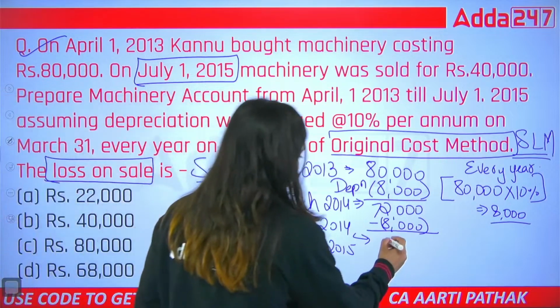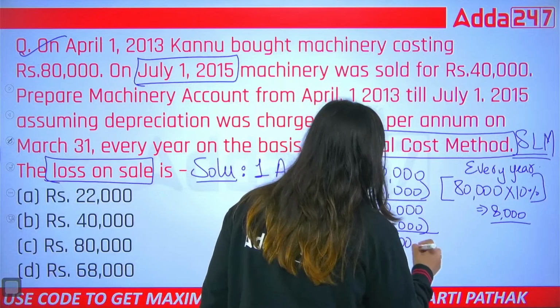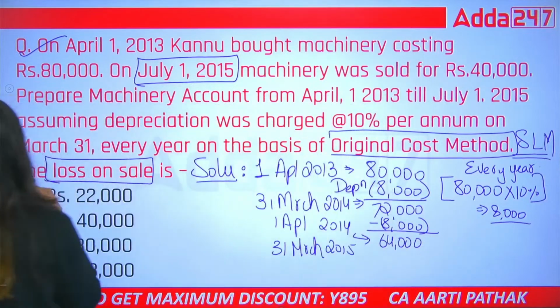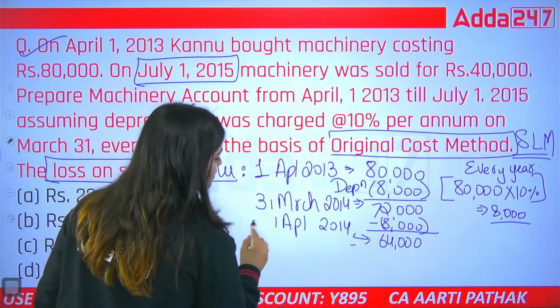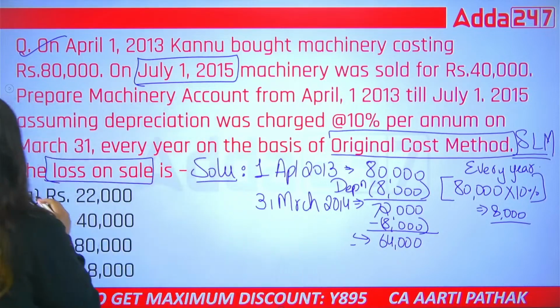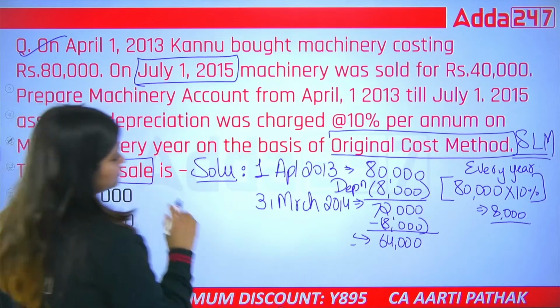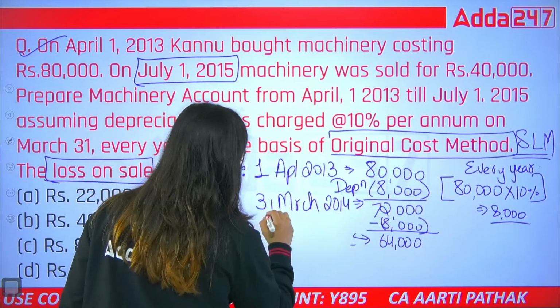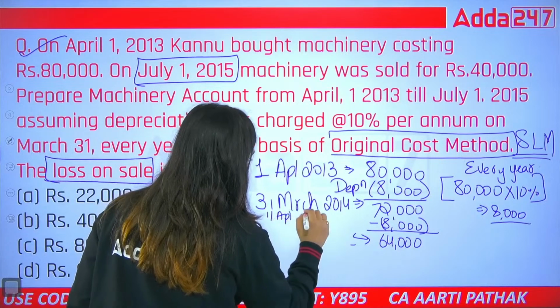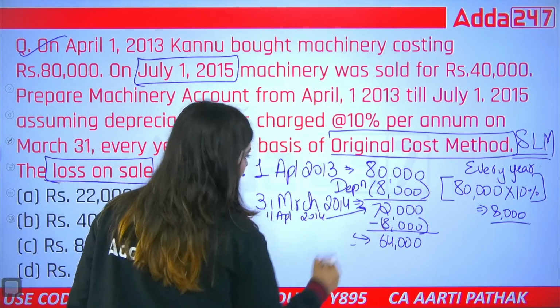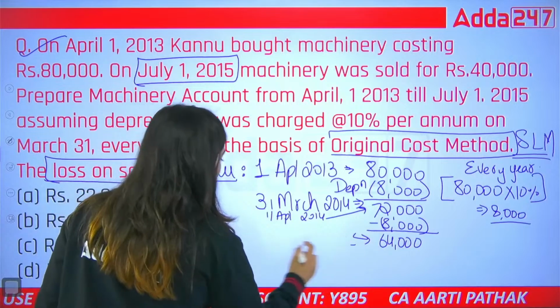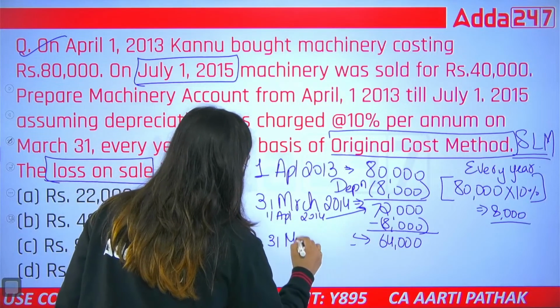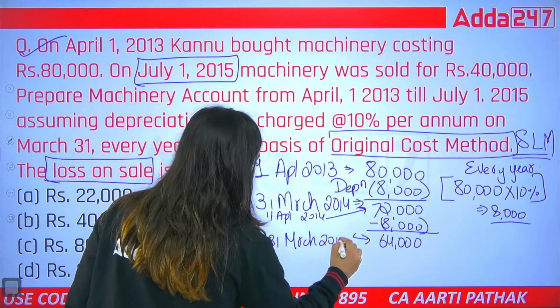That is your 64,000. This one is the balance on 1st April 2014 only, correct? And this amount is your 31st March 2015 balance.